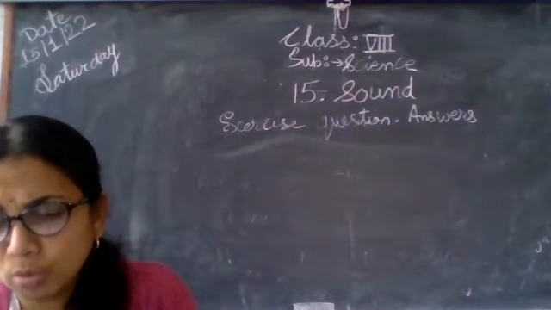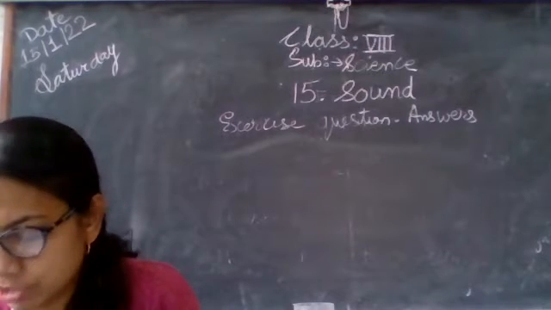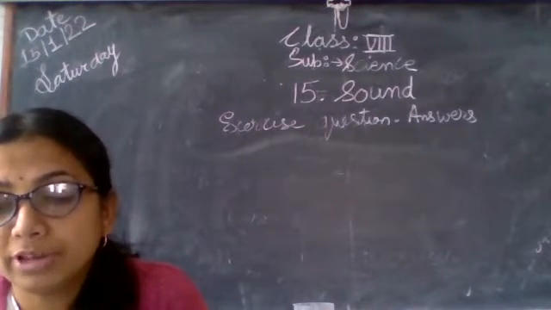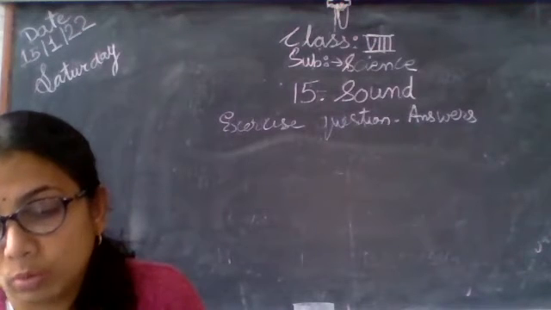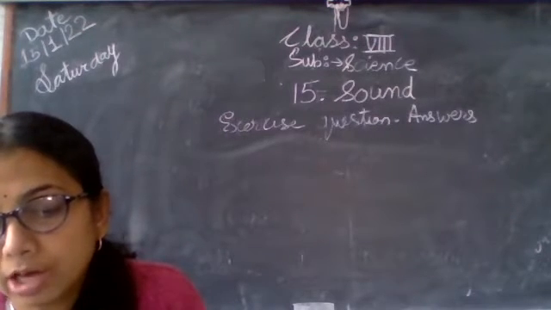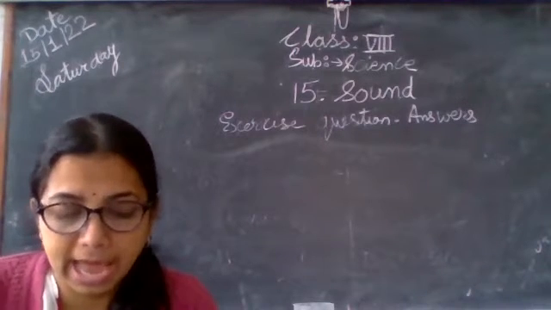Okay, so in the question answer exercises on page number 109, we have fill in the blanks. The region in a sound wave with higher pressure and density is called as.